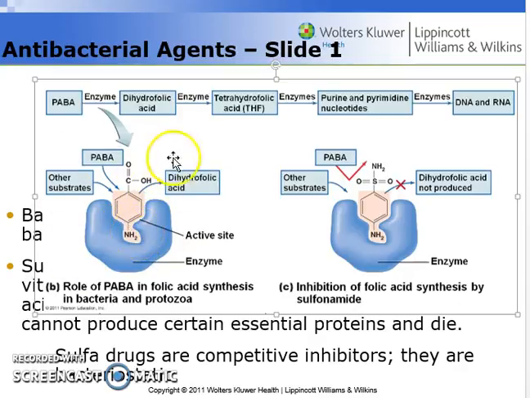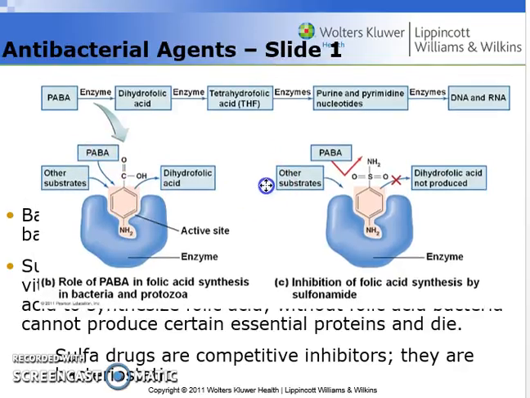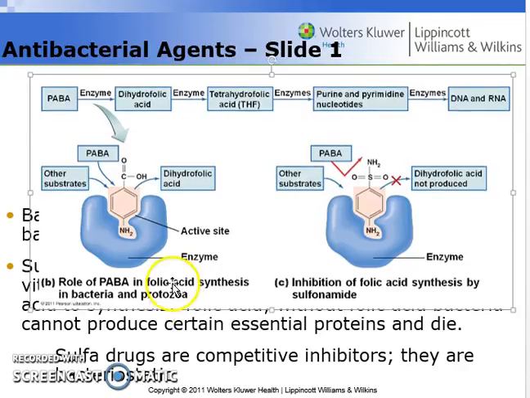So this here is our normal mechanism that takes place. But what we can do when we use a sulfamide to inhibit this process, we block the binding of this PABA structure to this particular enzyme.